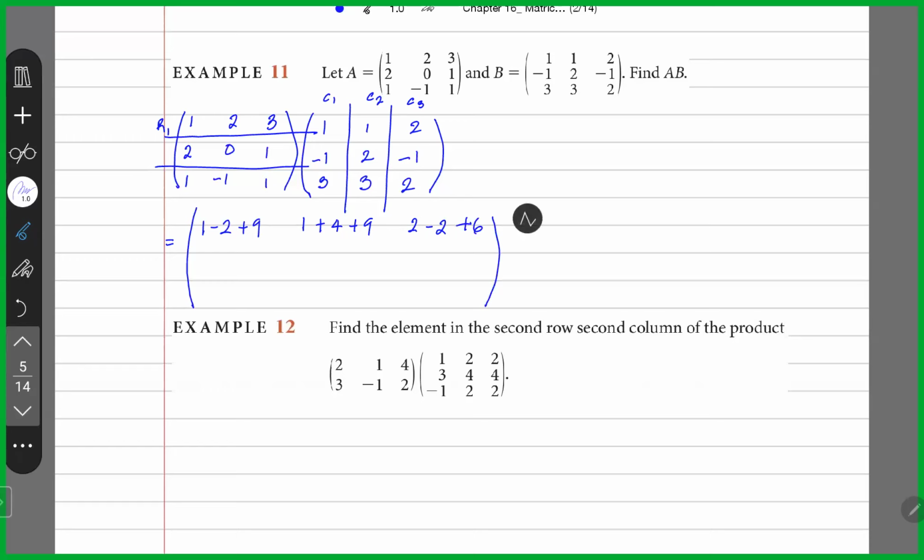Second row, first column, 2 times 1 is 2. 0 times minus 1 is 0. 1 times 3 is 3. Second row, middle column, 2 ones, 2. 0 times 2, 0. 1 times 3 is 3.